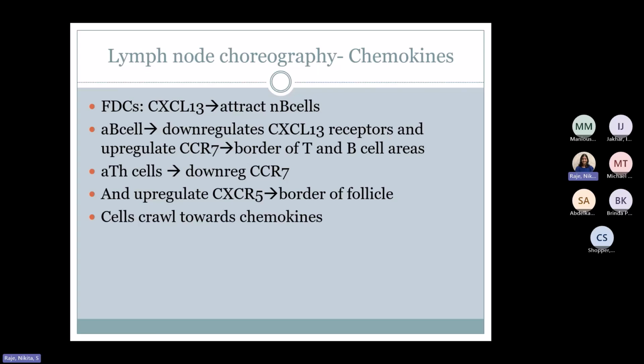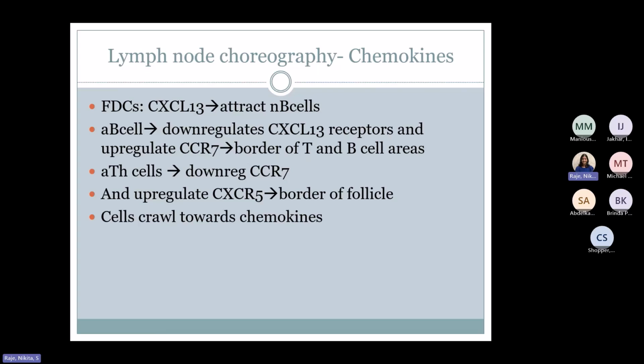If a B cell gets activated, it will start downregulating CXCL13 receptors and upregulate CCR7 on its surface. These activated B cells, using the CCR7, will end up closer to the T cell region. So any cell that expresses CCR7 on its surface will go towards the T cell region.